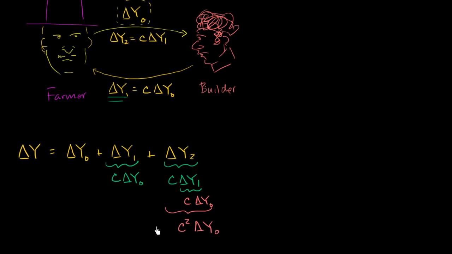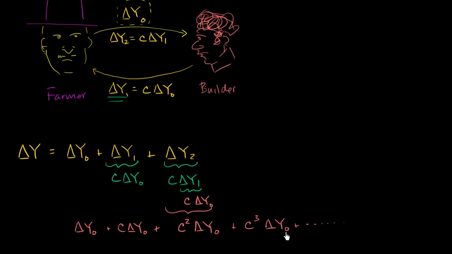This right over here is C times delta Y naught, and this is just delta Y naught. And we can just keep going. This guy will then get this amount, and he'll spend C times that to the farmer. So if we had a Y3, it would amount to C to the third times delta Y naught. And we could keep going on and on an infinite number of times.